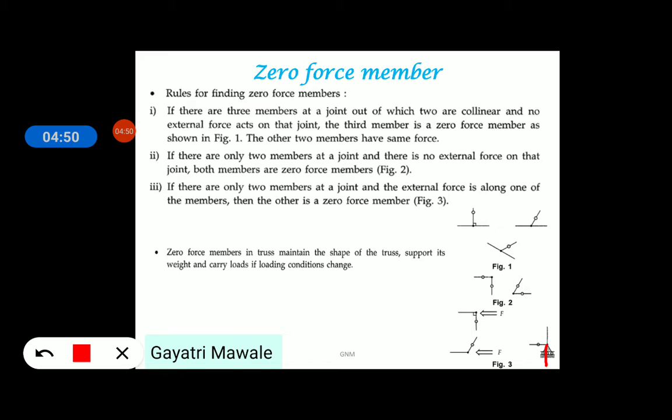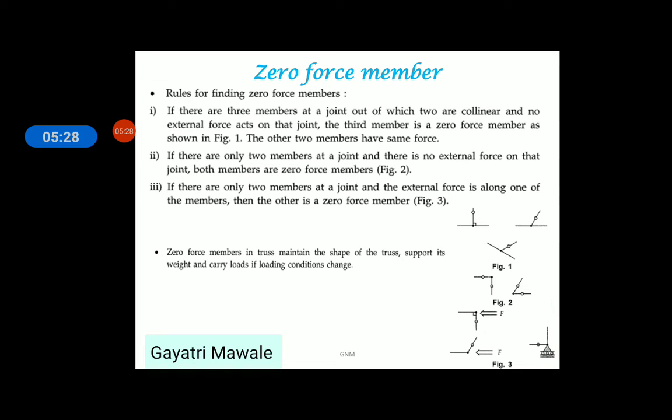If I show the support reaction, it will be vertically upward. Now to balance this vertically upward force, the force in this member must be vertically downward. And there is no horizontal component of reaction. There is no other member which will balance the horizontal force in the horizontal member. So this horizontal member must be a zero force member. If you follow these three rules, you can identify zero force members in a given truss.